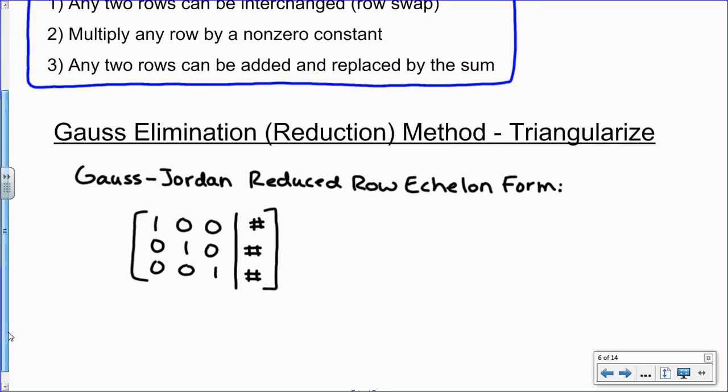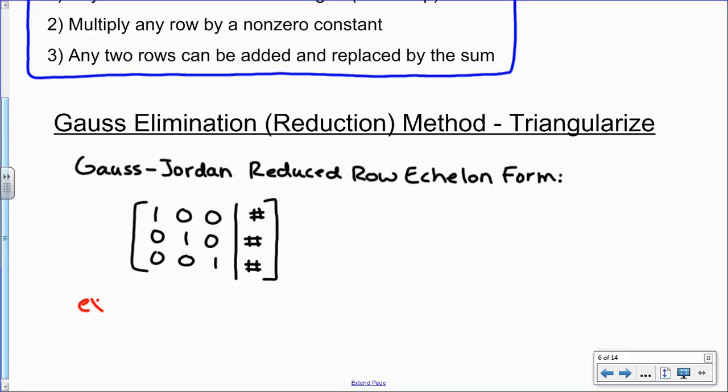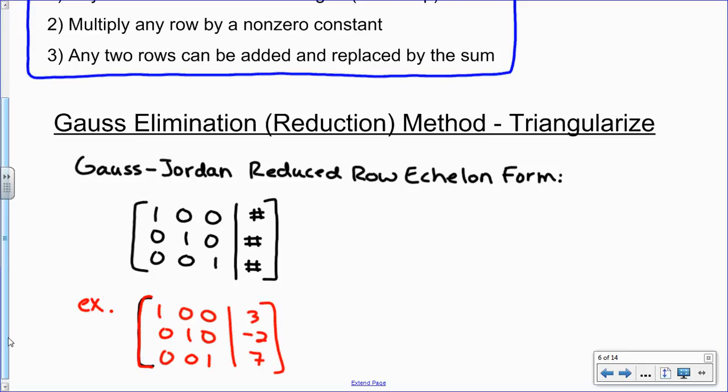So for example, this gives me the solution to the system. This tells me my solutions are 3, -2, and 7.